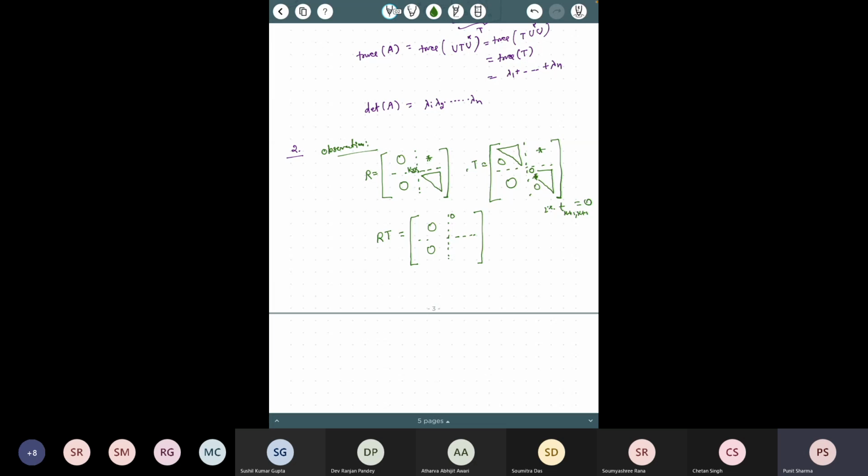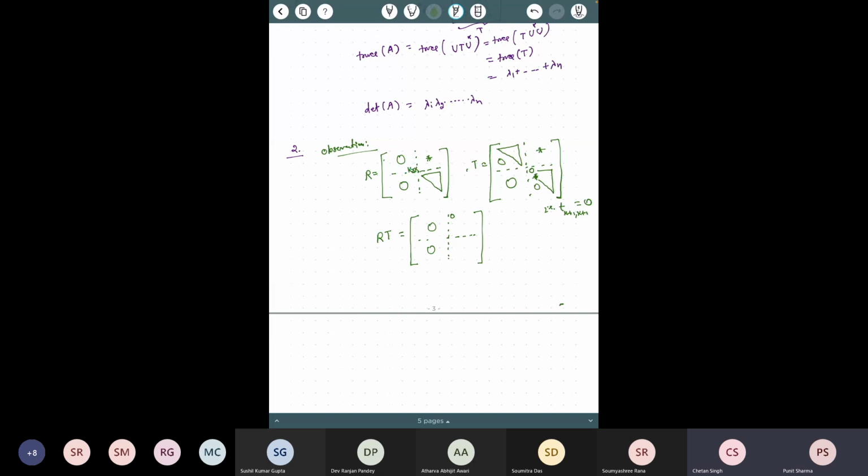How about the second entry in this column? The second entry means the second row multiplied with this k plus 1th column. Again you see this is a k plus 1 k block here.